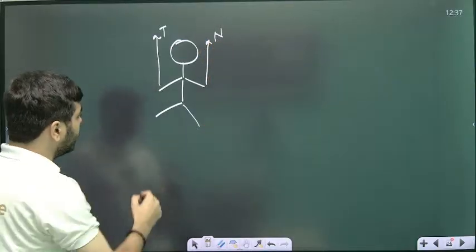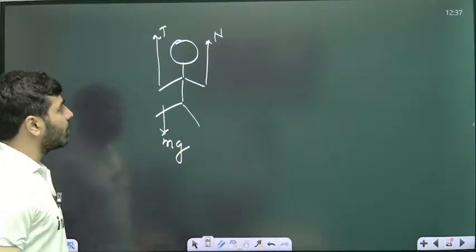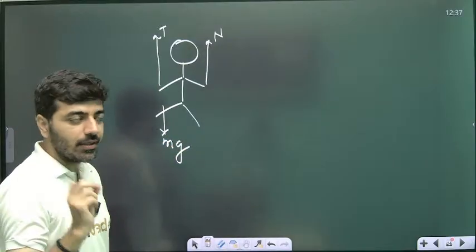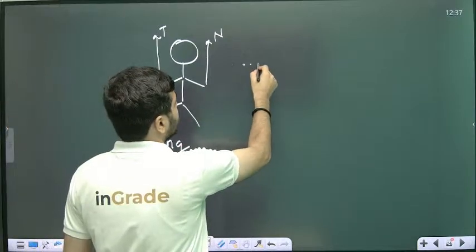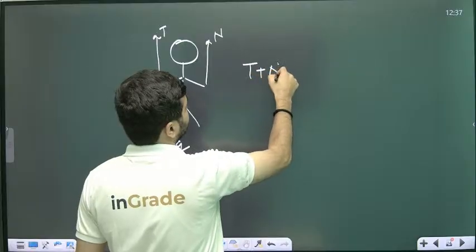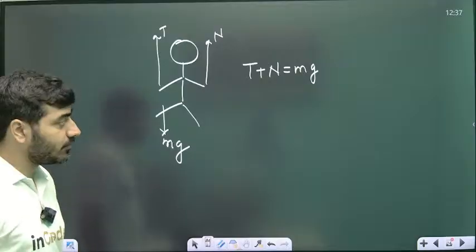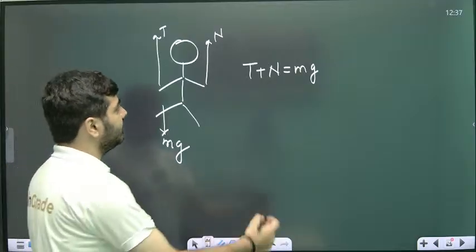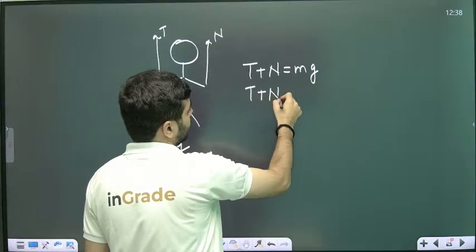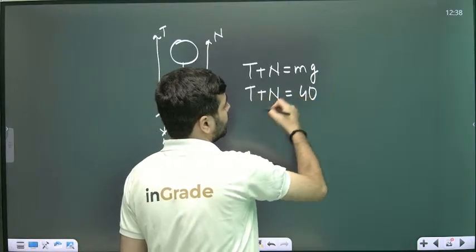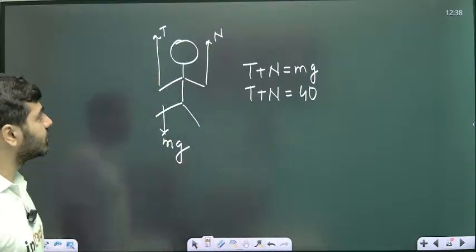The weight of the boy will be mg. Because no horizontal force is acting, we only balance the vertical component. T plus N equals mg. The mass of the boy is 4 kg, so T plus N equals 40 Newton, simply because tension is a force and the reaction force is also a force.